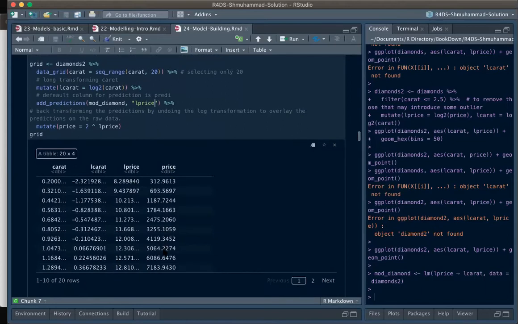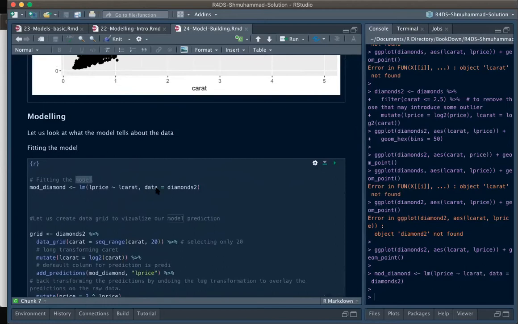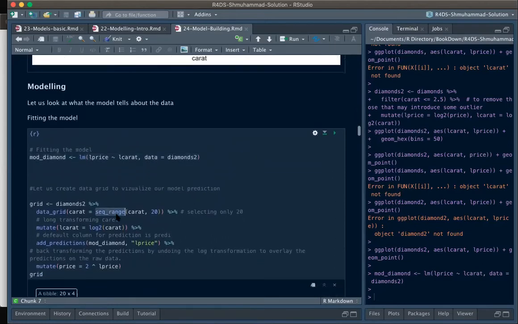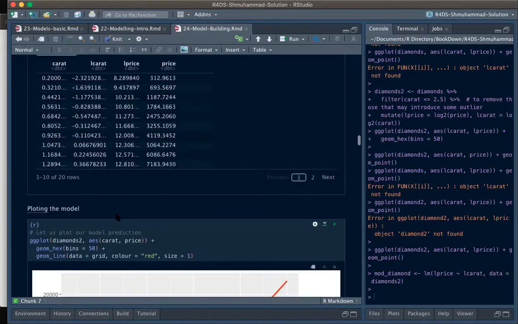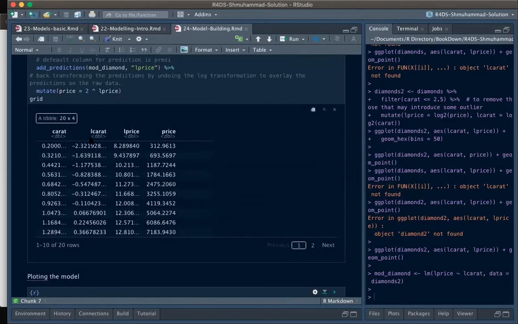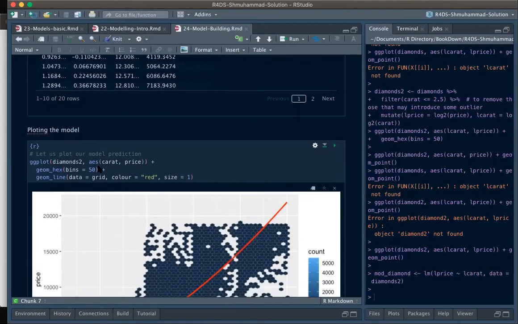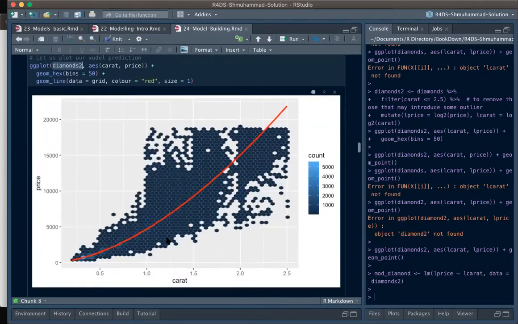So we have the data grid, we create the grid, we feed the model, and next is to plot. This is the prediction, and this is the actual one, fitting the model using the grid, our transformed data and the original price and Cohort. We can see there is actually a linear relationship between the price and Cohort.